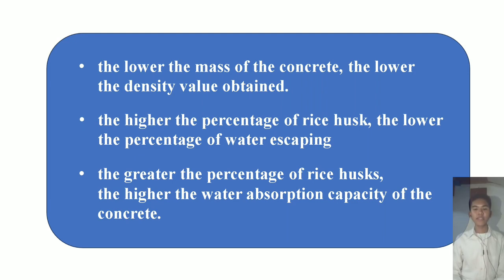The addition of rice husk to the concrete mixture is recommended because rice husk contains silica that can react with the results of the reaction of cement and water, namely calcium hydroxide, turning it into hydrated calcium silicate, making the concrete denser and increasing the compressive strength of the concrete and its porosity value.